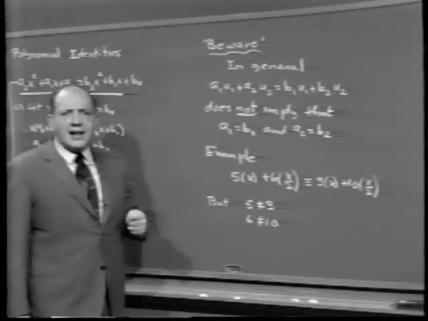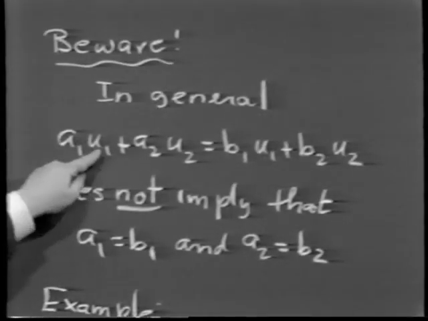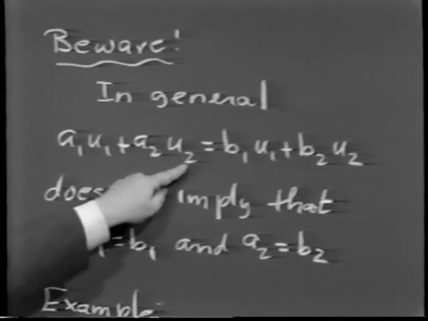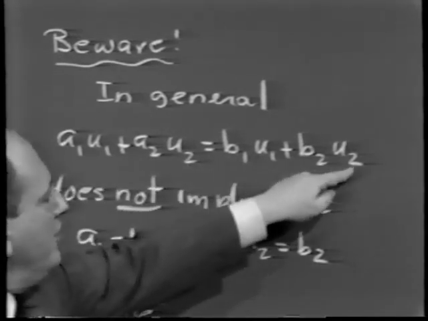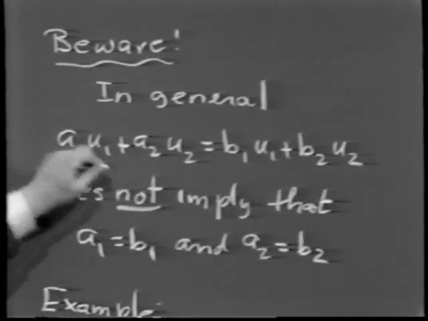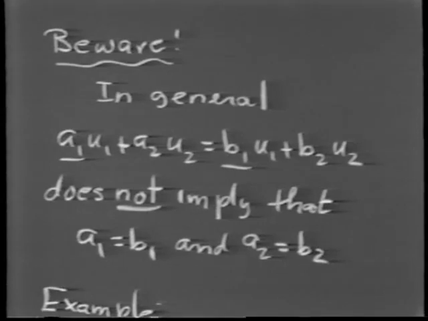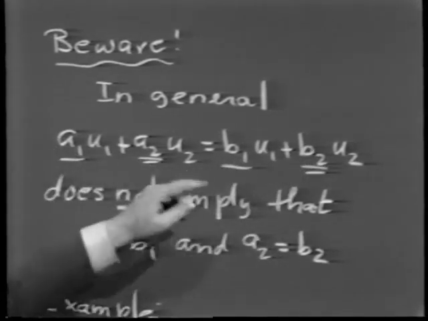We're not going to go into that now, but the key idea is this. In general, knowing that a1 u1 plus a2 u2 is equal to b1 u1 plus b2 u2, you cannot say, therefore, the coefficients of u1 must be equal and the coefficients of u2 must be equal. Don't get me wrong.